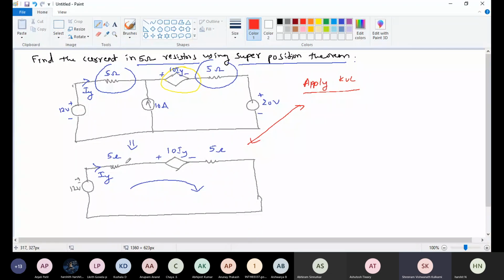Current entering into the resistor is always positive, negative. When current enters into any passive element, we need to mark that polarity as positive. Now apply KVL for this loop and tell me the equation.